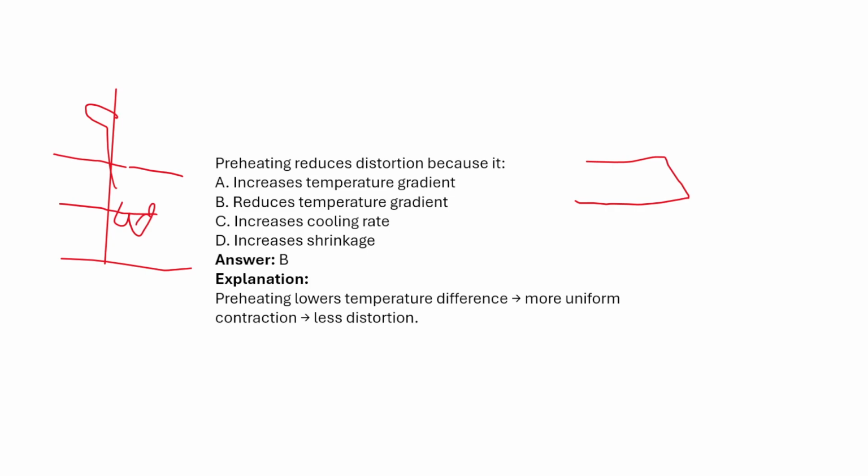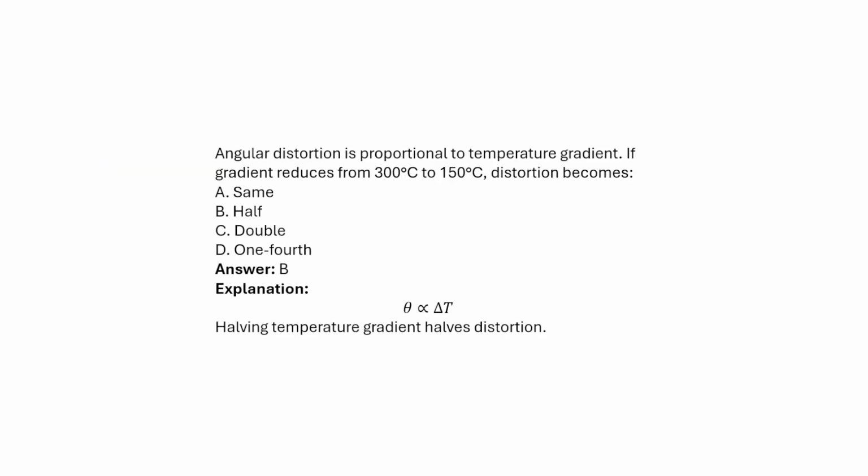Answer will be B. It reduces the temperature gradient. The preheat treatment lowers the temperature difference, giving more uniform contraction, which results in less distortion.